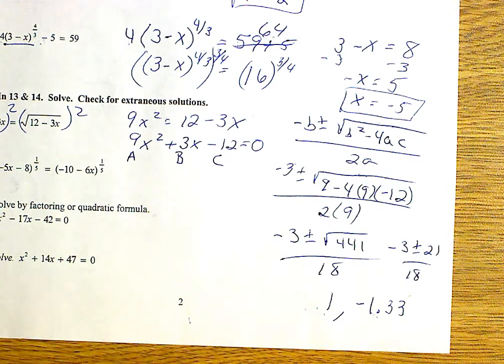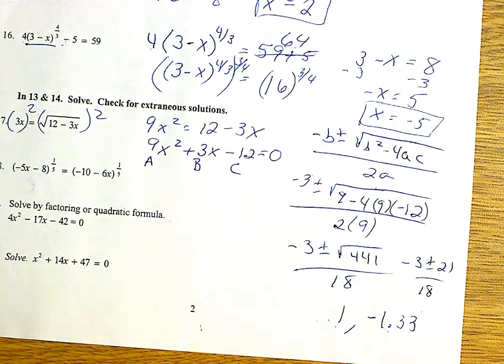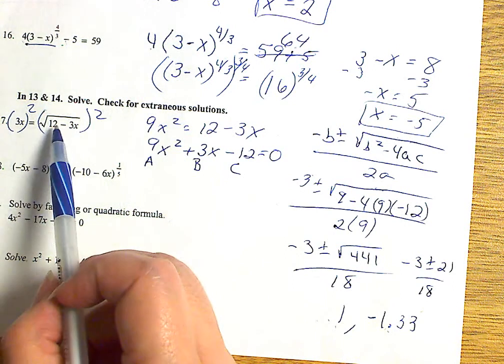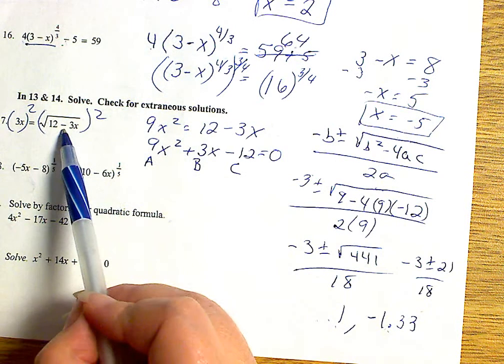Why would one not work in the equation? What are we looking for when we have a square root here? What could happen? We can't have a negative underneath it because then we go into imaginary. So we have to check to see if we put a 1 in here, is that still positive?